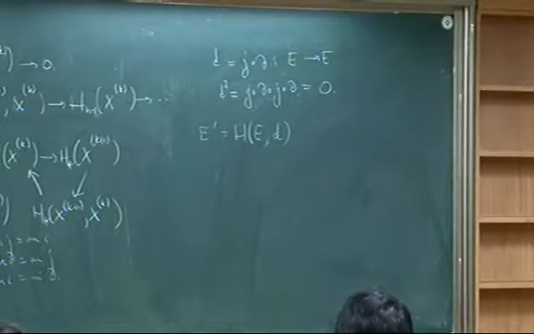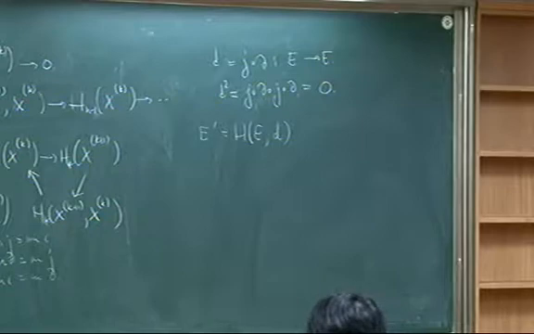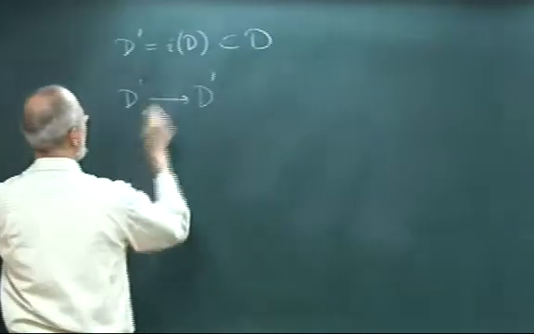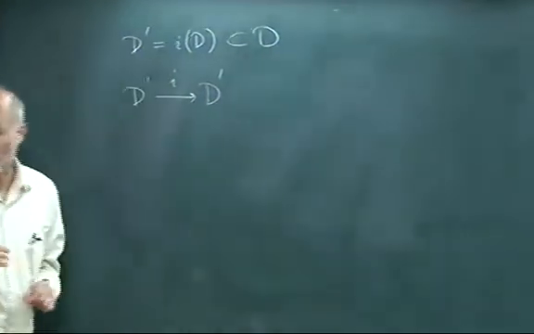And so let me define the following. Let's let D prime be equal to the image under I of D contained in D. And so if I take D prime, certainly if I restrict I to it, it will continue to map D prime to D prime.